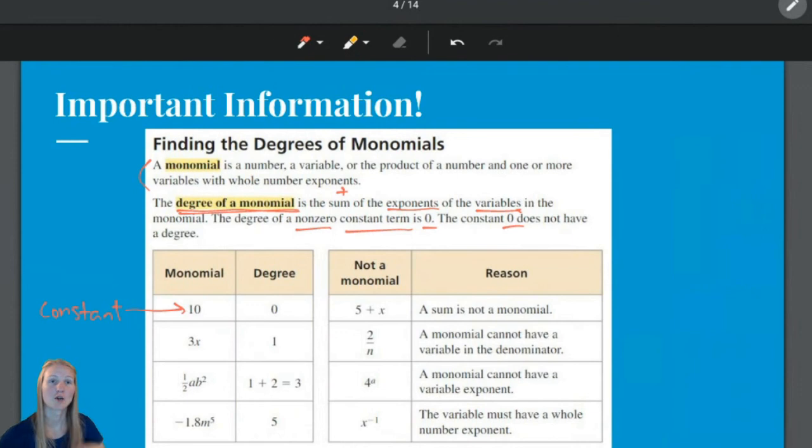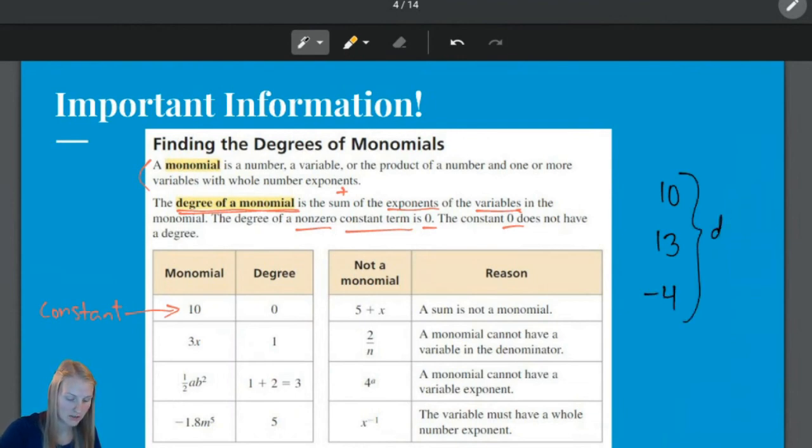I know that might have sounded a little confusing. Let's break it down a little bit more. The monomial 10. Anytime you have a constant term, if you have 10, if you have 13, if you have -4, the degree of all of these is 0. Because 10 is like 10 times x to the 0.